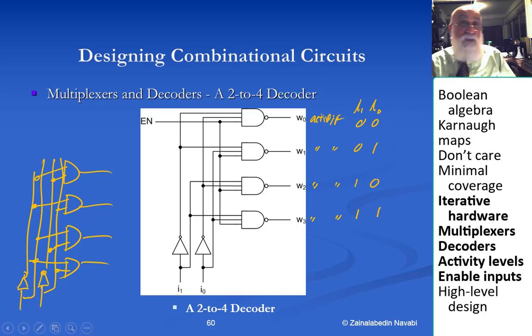If I were to build this using AND gates, in this case I1, I0 of 0, 0 would turn this one on to 1, and 0, 1 will make this one 1, 1, 0 will make this one 1, 1, 1 will make this one 1.